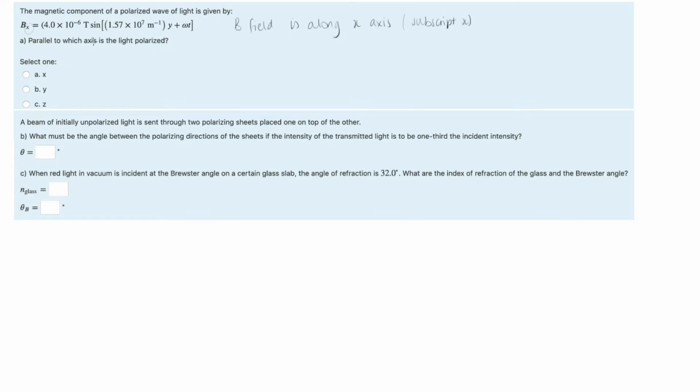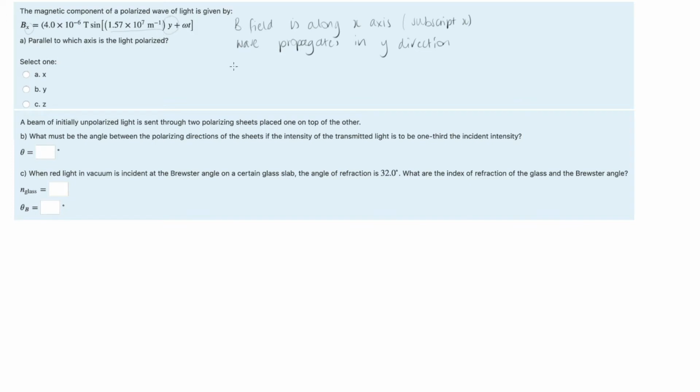Okay. We also know that the wave propagates in the y direction. How do I know that? Because we have our y factor here. This is our wave number, and this is the direction of propagation.